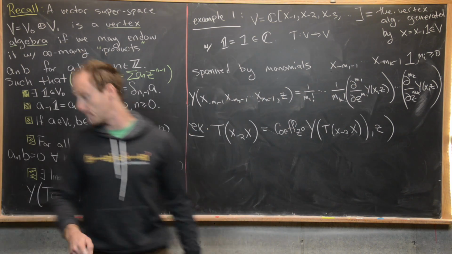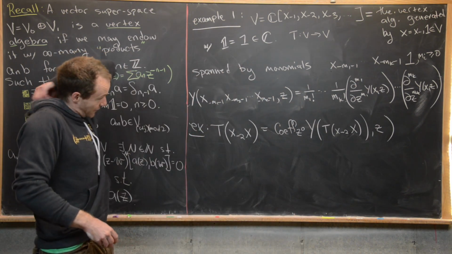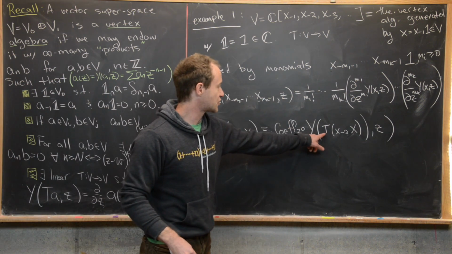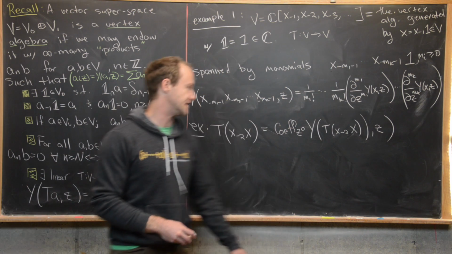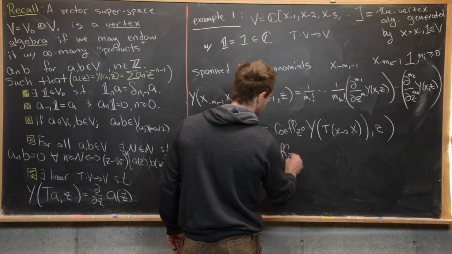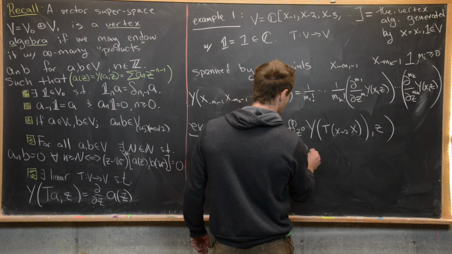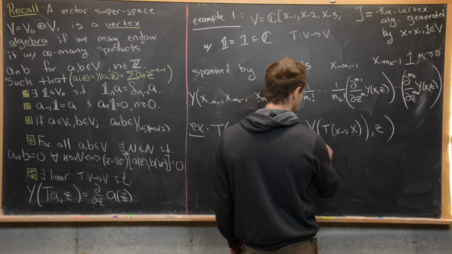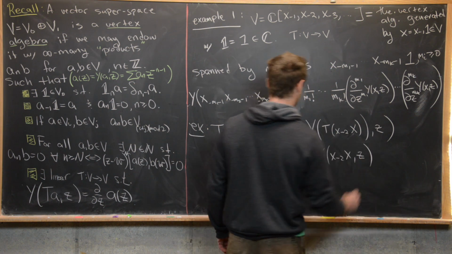Great, kind of from this definition over here. Then the next thing we can do is bring this translation operator out of the vertex operator and take a derivative. So this is the coefficient of z to the 0, in other words, the constant term of the partial with respect to z of y x minus 2 x z.